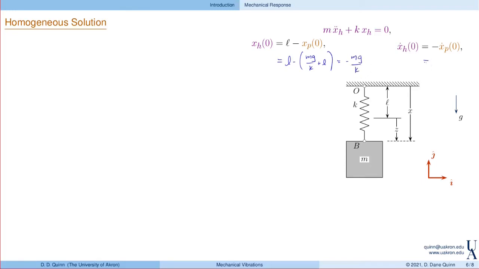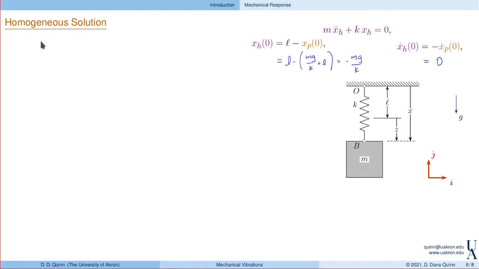And because the particular solution is constant, its velocity is always 0. So the initial velocity of the homogeneous solution should be 0. So again, we're looking for a solution to this equation with these initial conditions.